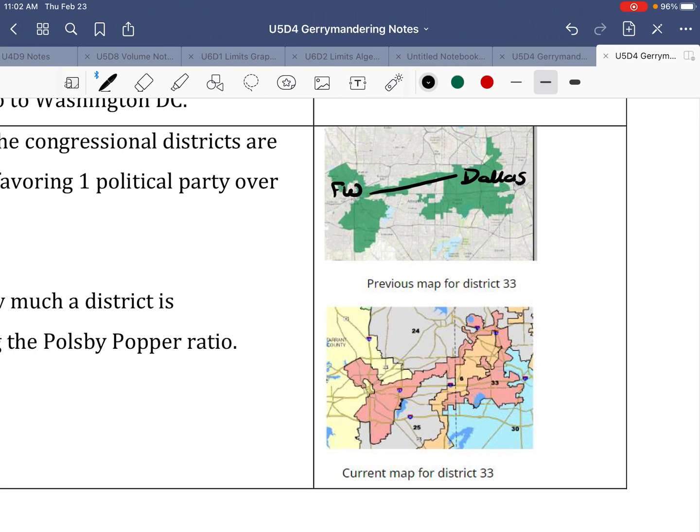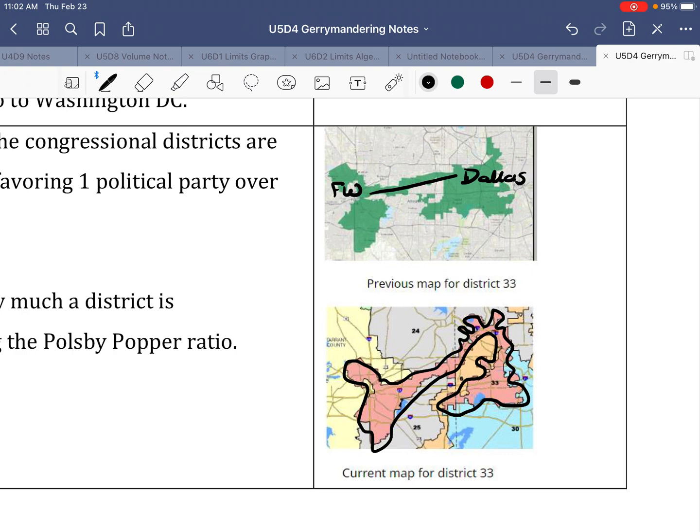All right, so it's a pretty large span, but what you can see is that a lot of the space directly close to the downtown of major cities, they've condensed into one district, and they did that strategically. And then what they did in the new map is made the perimeter of this district even more of a crazy shape.